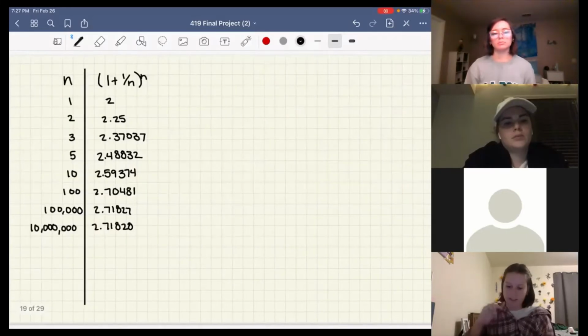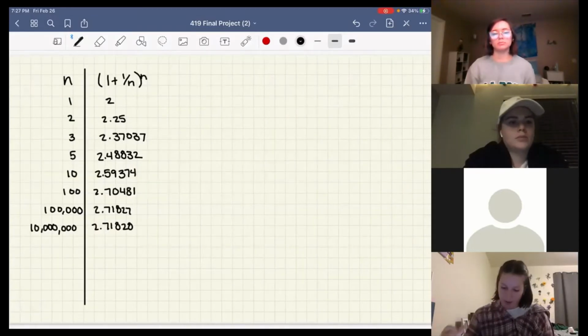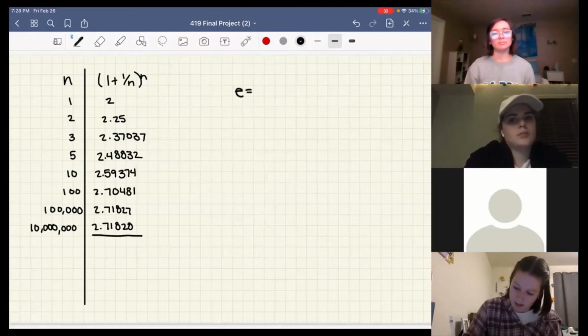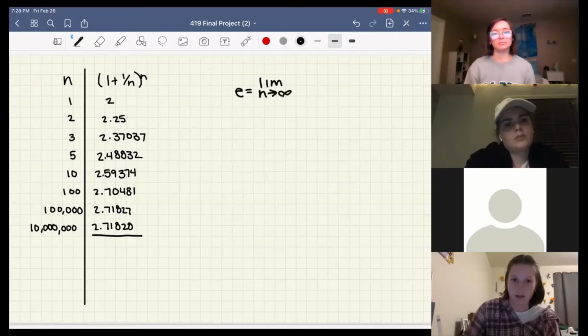And then using this table, if you start to put in different values of N, as N approaches infinity, you notice that the equation starts to approach E. And so by the time we get to the 10 million value down here, we find that that is the value of E to the 5th digit. And so Bernoulli came up with E is equal to the limit as N approaches infinity of 1 plus 1 over N to the N power.